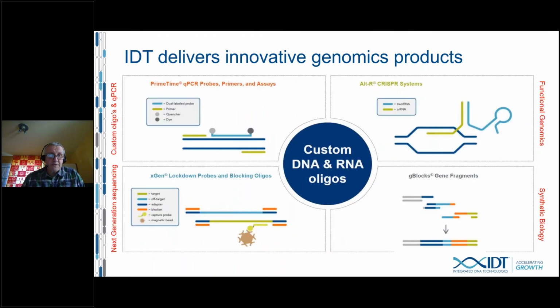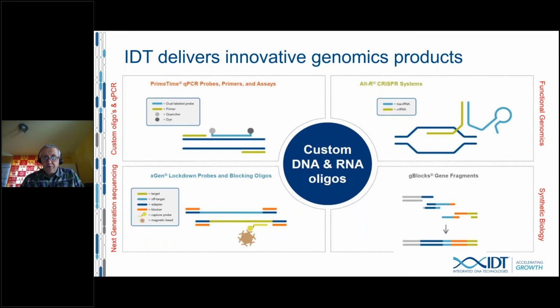Over the years, IDT also has built some product lines in which the oligos that we are making are playing a particular role. So for example, we have a PCR and qPCR product line where primers and probes are quite essential.